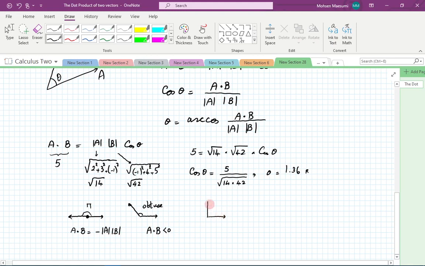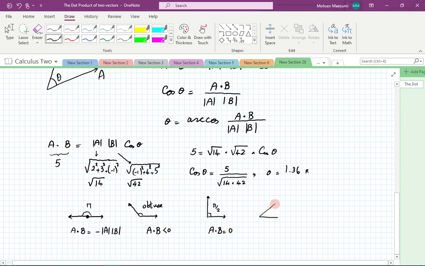A very interesting, important situation is what happens if the angle is 90 degrees. Well, the cosine of 90 degrees is 0, so A dot B has to be 0. A dot B in this case is going to be 0.